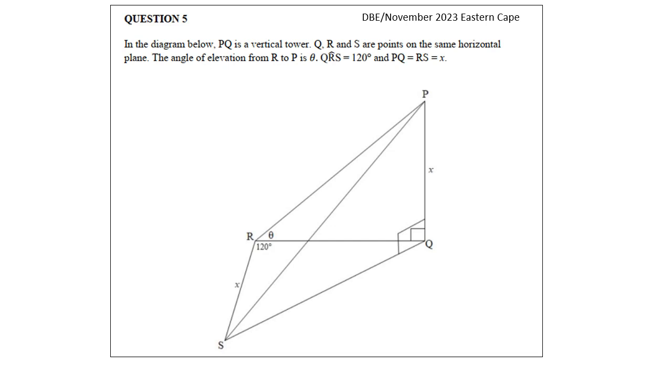And they also tell us here that PQ is a vertical tower. Q, R and S are points on the same horizontal plane, and then the angle of elevation from R to P is theta. Angle QRS is equal to 120 degrees. And then side PQ and RS are equal, and they are equal to x.